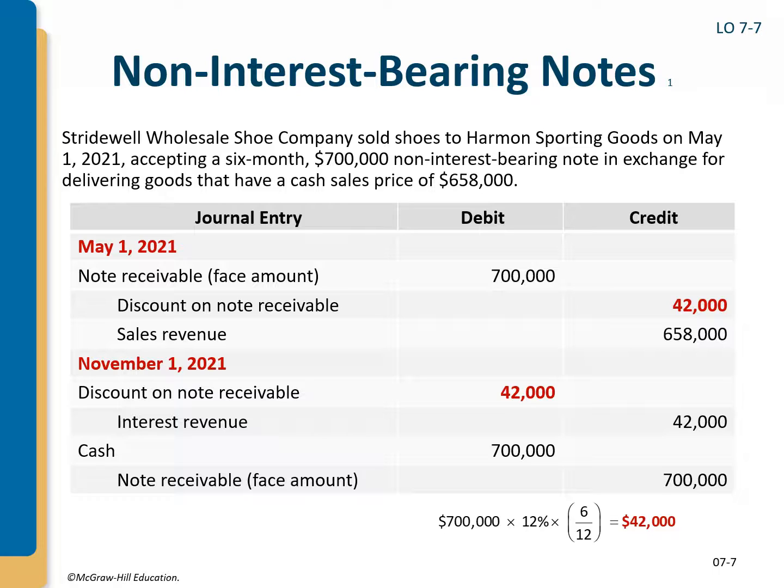So first we're going to remove the balance in the discount on note receivable by debiting it and showing it all in interest revenue. And then Harmon will be paying back $700,000 in cash, so debit cash and credit note receivable. So this is how we handle a note that doesn't have a stated interest rate on it. The borrower takes less money up front and pays back more at the end. That difference is really the interest on it.